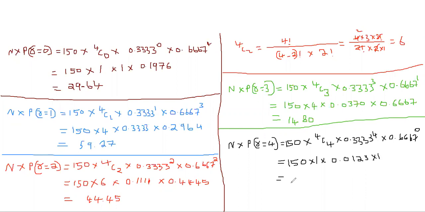Let us multiply the four values: 150 into 1 into 0.0123 into 1. You'll get 1.85.